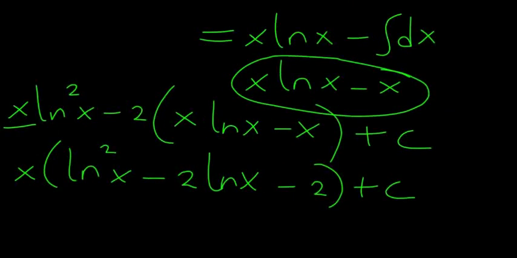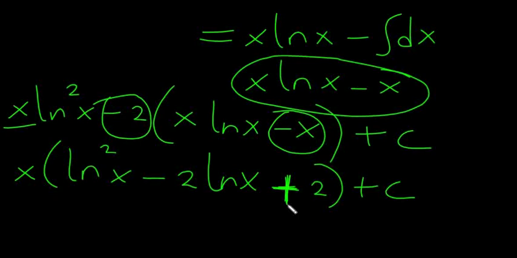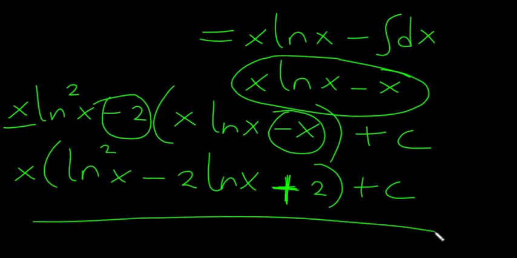Oh, I'm sorry, this should be a plus 2, because we have negative 2 times negative x, so this should be a plus. And that is the integral of ln squared x.